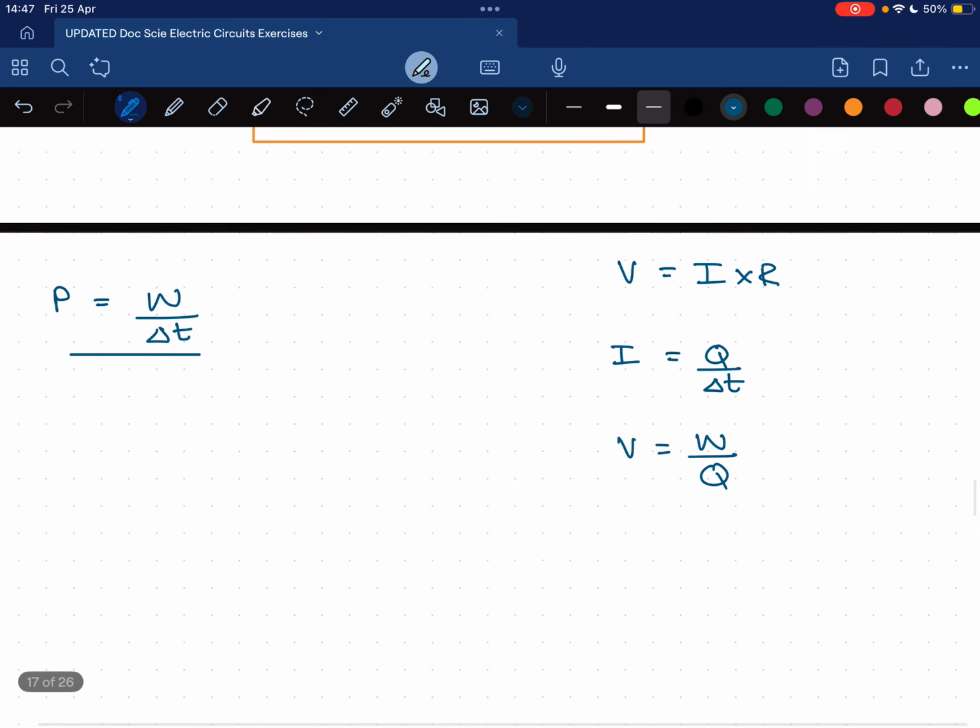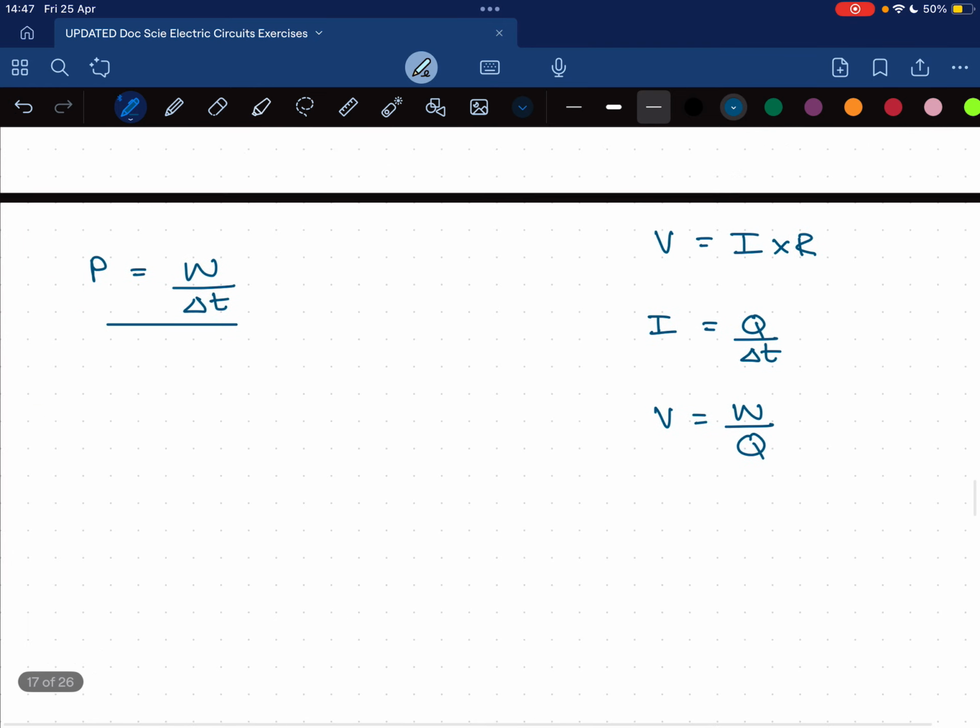So if we consider this now, according to these equations, we could derive further equations from what we've already found.